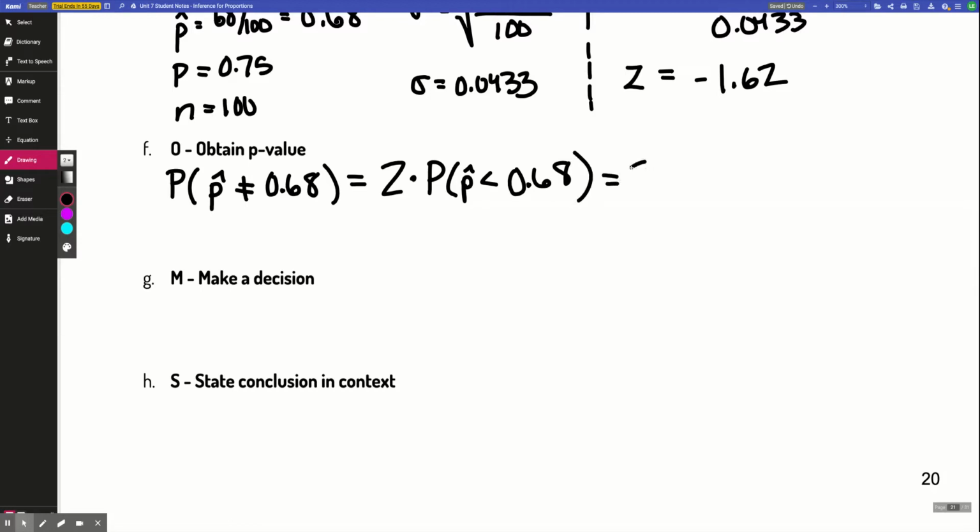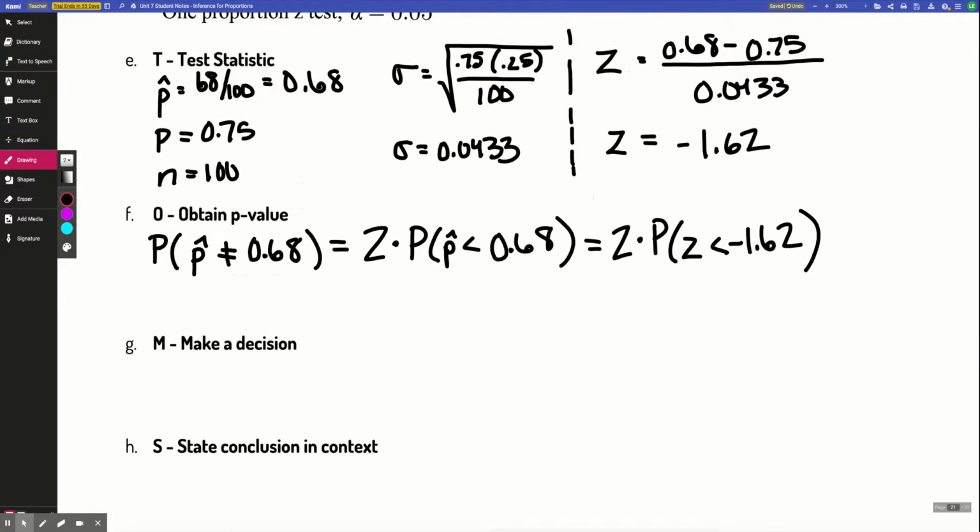So that's the same as 2 times the probability that z is less than negative 1.62. Now I'm going to pause for a second because some of you may be thinking, or maybe you don't remember, why did I multiply by 2? Where did that 2 come from?